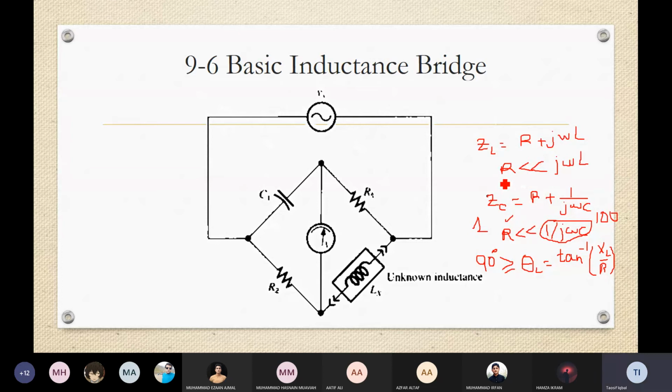ठीक है? सिमिलरली if the resistance is 1 milli ohms and this XC is also in the range of milli ohms but 100 times, so in this case also we can take it as theta close to 90 degree.